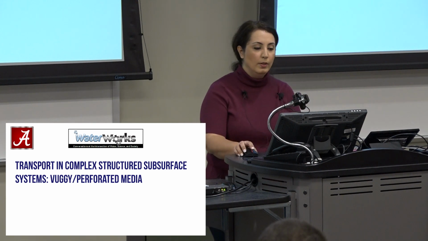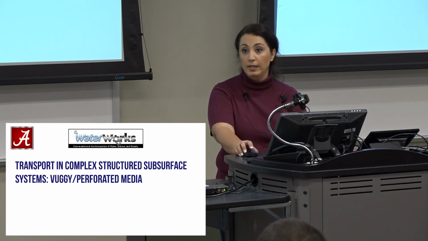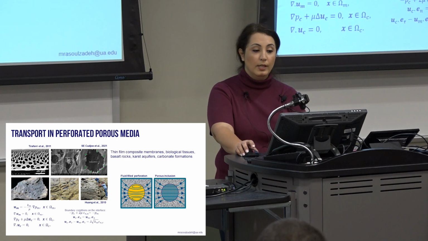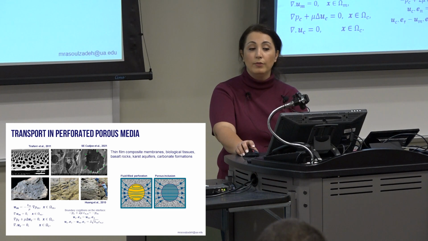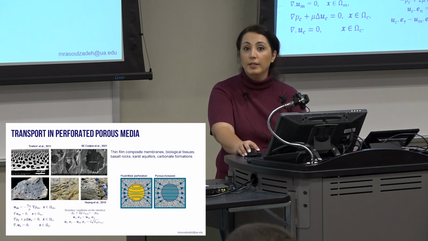So I will quickly go over what I did for modeling transport in perforated or vuggy media. Again, this is the case that shows up in many carbonate and karst aquifers, as well as in basalt formations, as well as in composite membranes for water desalination.